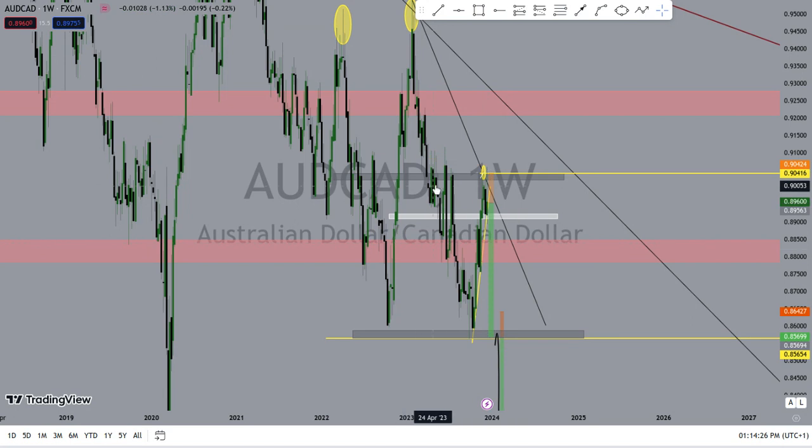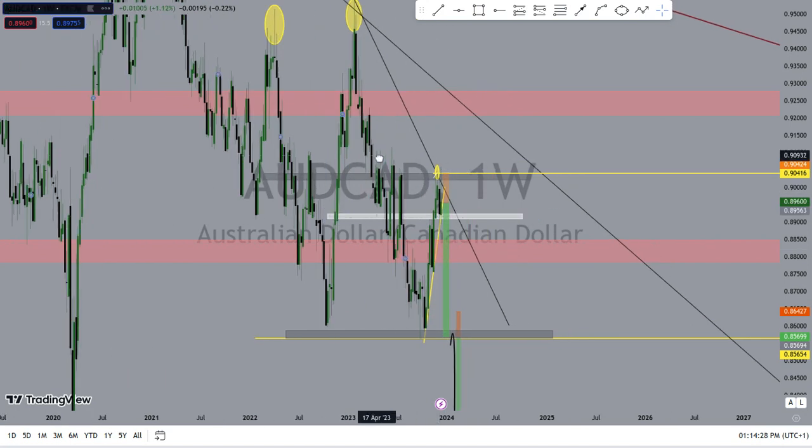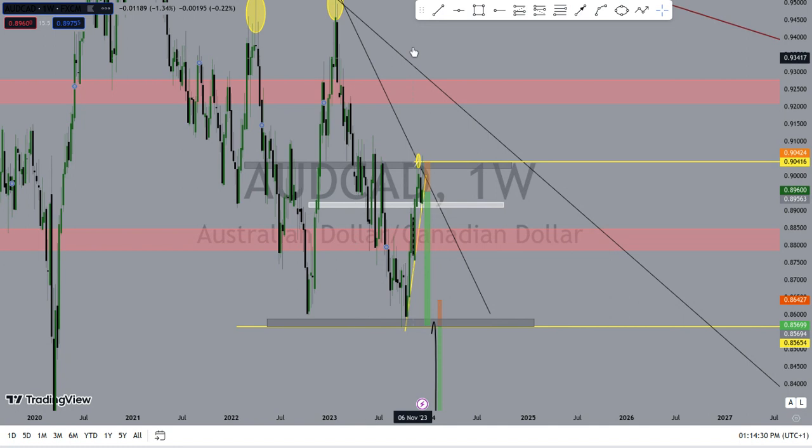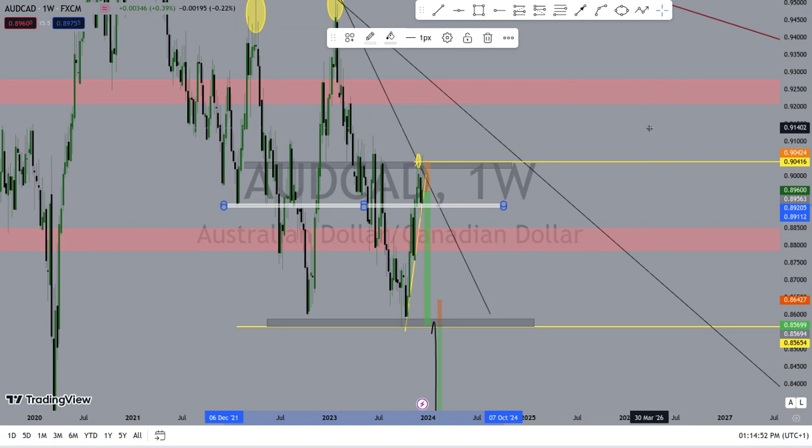This is giving us lower low, lower high, equal highs, came back down, gave us an equal low, came back, and is trading kind of like a higher low.